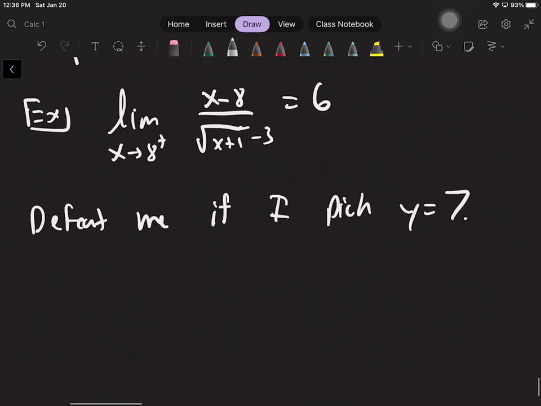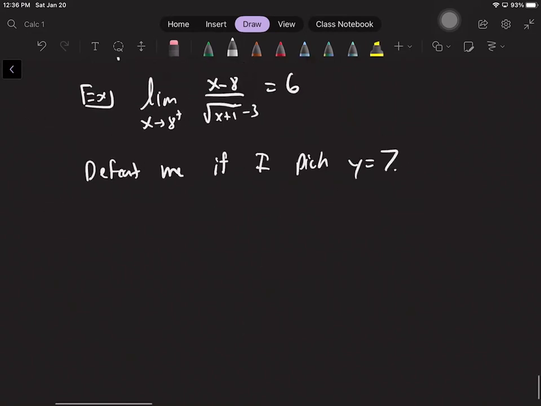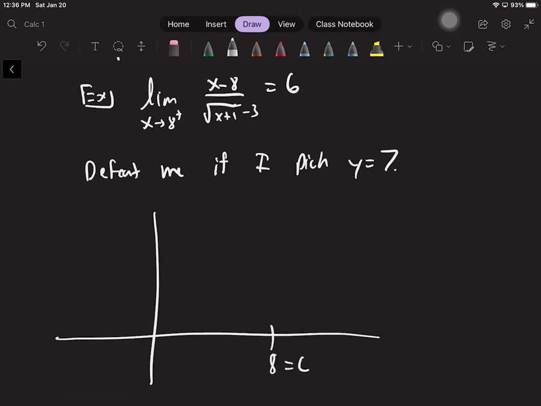Okay, so the idea is this function is pretty complicated, but we can still sort of visualize what's going on. 8 is the number c here. 6 is the correct limit. And I picked y equals 7 for the thing that you cannot get past. So you got to pick something over here, pretty close to 8, so that when you plug it in, it gets you under this line, basically closer to 6 than 7 is.